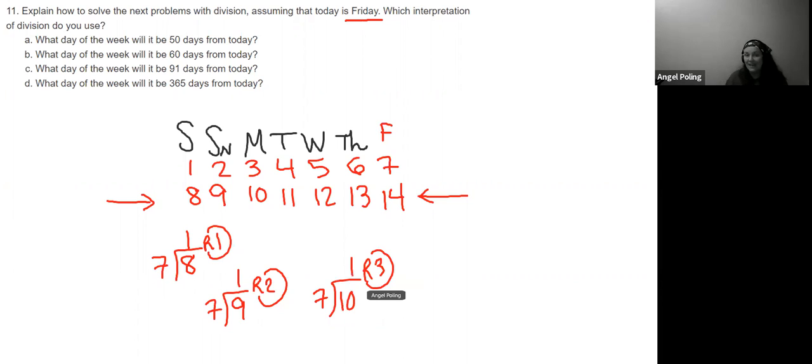That remainder tells us what day of the week we're on. If we get a remainder 1, we're on a Saturday. If we get a remainder 2, we're on a Sunday. If we get a remainder 3, we are on a Monday.